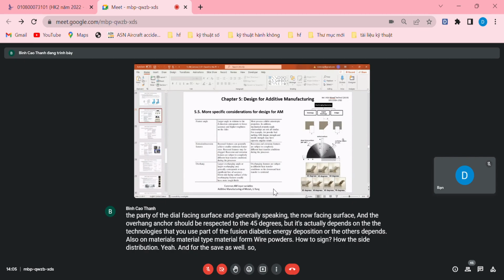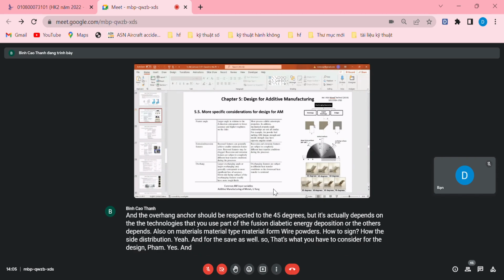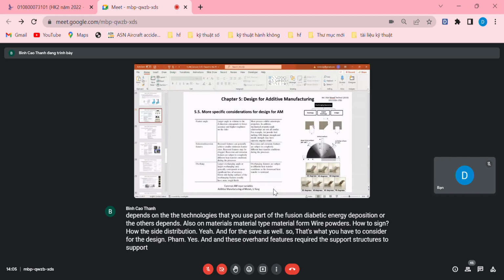That's what you have to consider for design for AM. These overhang features require support structures to support the down-facing surface.